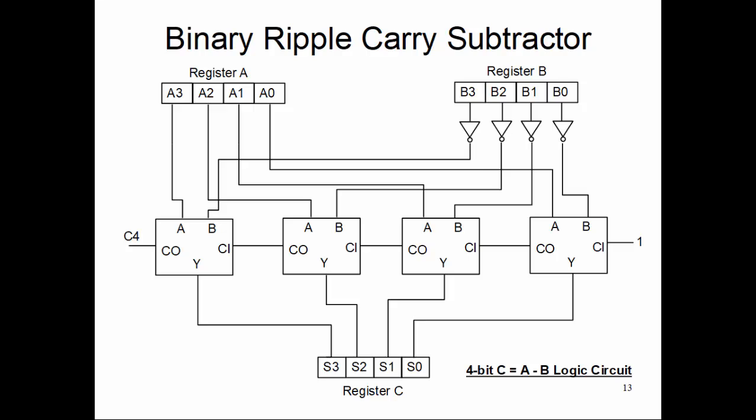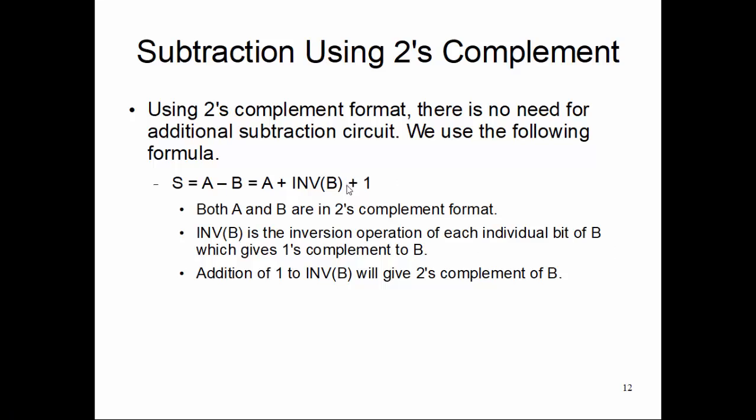So that's easy. That means all we are doing is this. You take that binary ripple carry adder circuit and, as the beginning carry in stage, instead of 0 make it 1. Okay, so that will take care of that extra plus 1 here. Like we have a plus inversion of b plus 1.